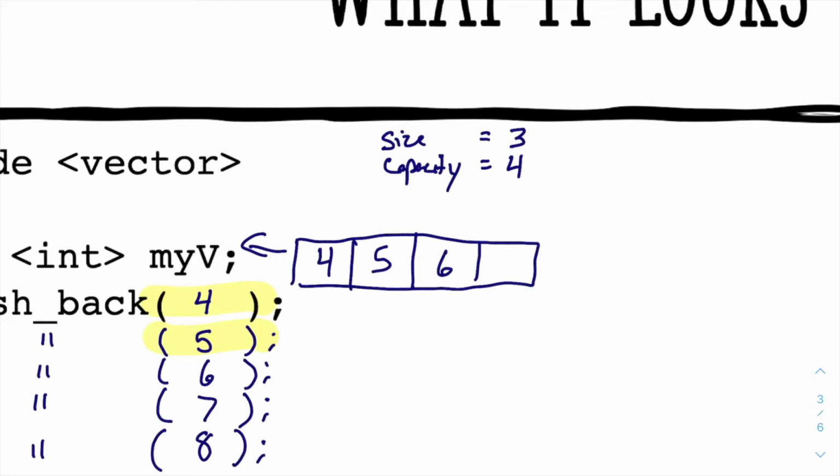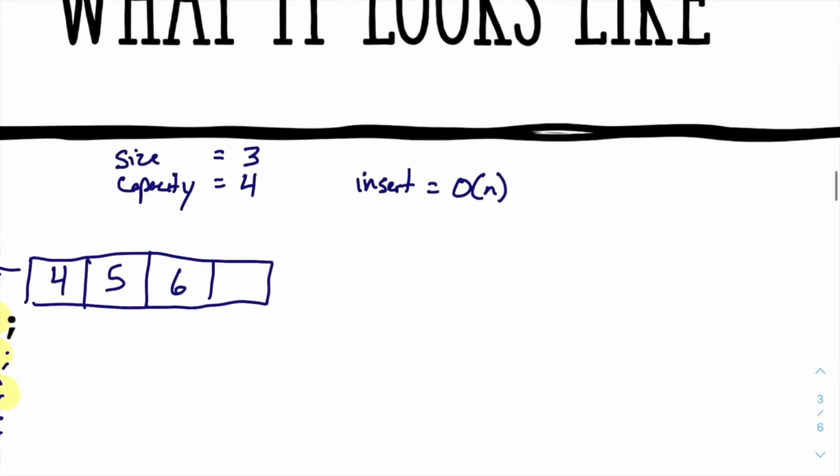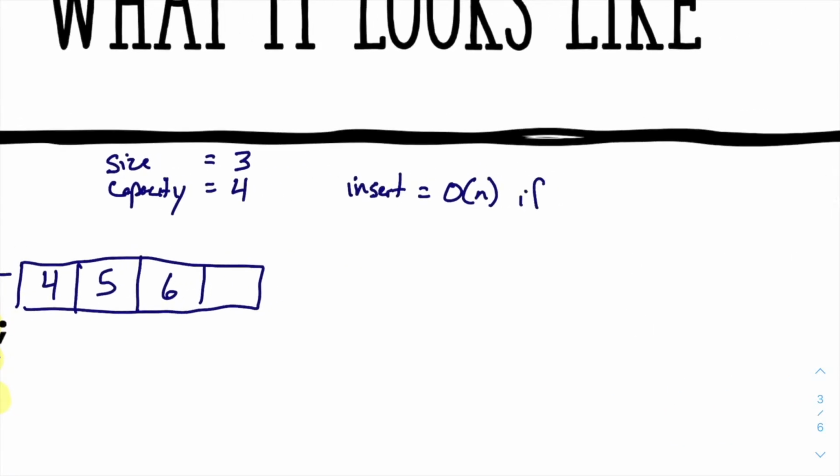So now our capacity does not equal our size. This input has been inputted, and our next input can go in at O of 1 speed. So far, for all of our inputs, because our size equaled capacity, the insert was O of n speed if the size equals the capacity.